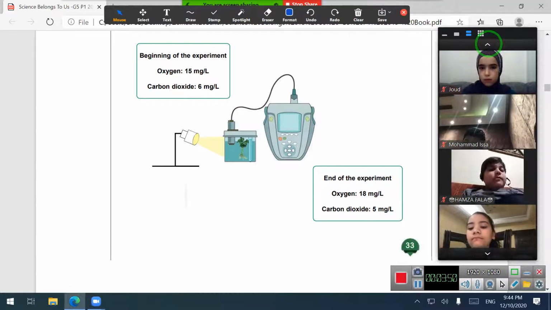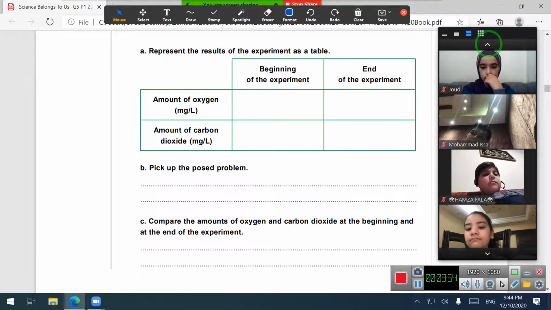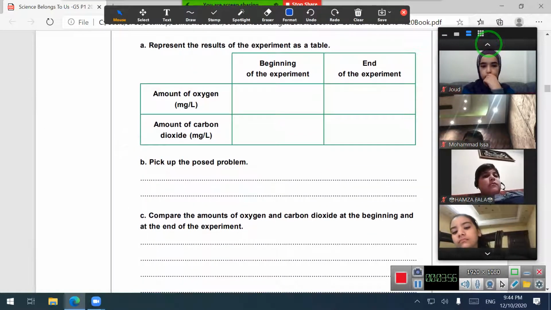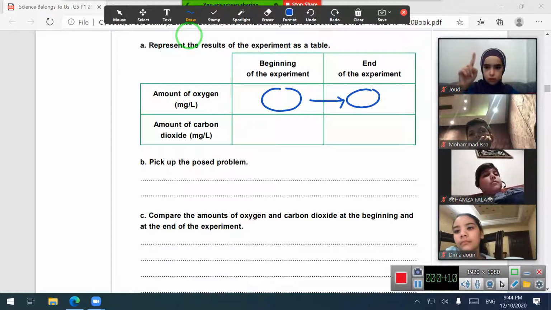Excellent till now. Now, by observing the experiment below, we have to represent the results of the experiment as a table. What was the amount of oxygen at the beginning of the experiment and how does it become at the end?